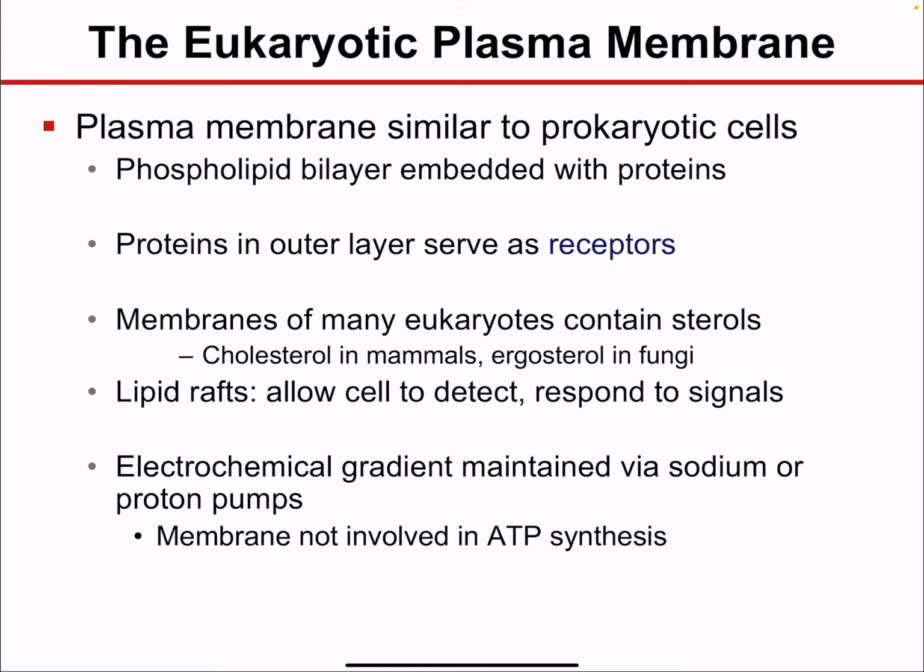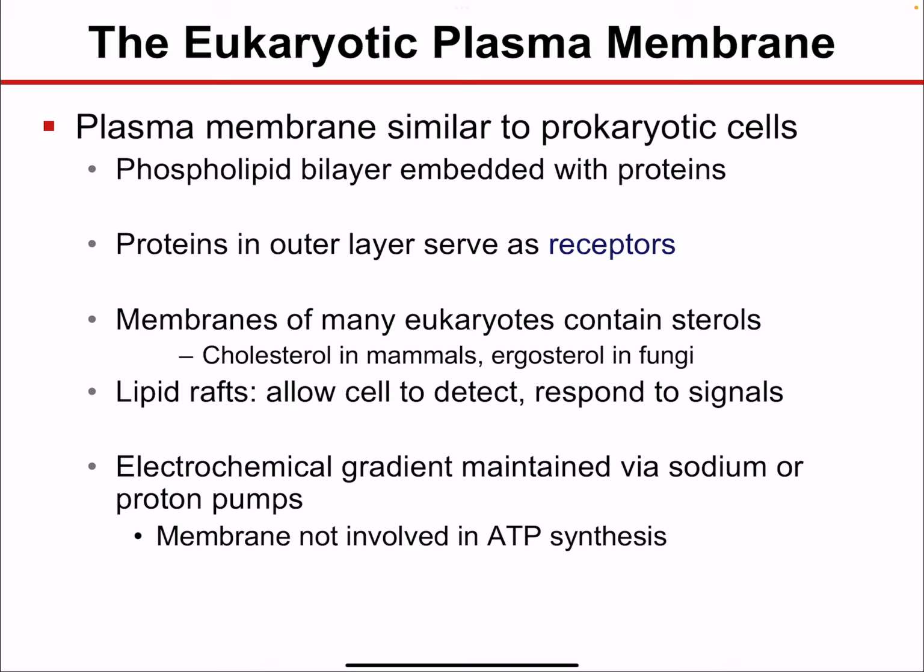All right. So, the plasma membrane of eukaryotic cells. Between eukaryotic cells and prokaryotic cells, the phospholipids have the same basic structure. However, the phospholipids are going to be modified in a different manner.